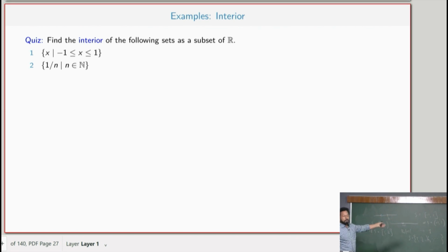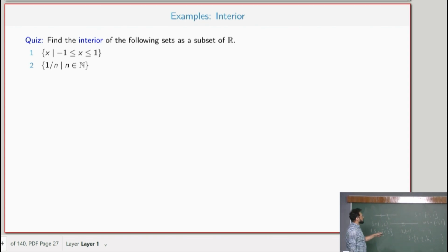Infinity is not included, so you cannot say for sure that 0 is there. 0 is not in the set because infinity is not a valid natural number. Okay, so this is your set. We know that it's going to 0, but it does not take the 0 value because 0 would be attained at infinity. Infinity is not part of the natural numbers.